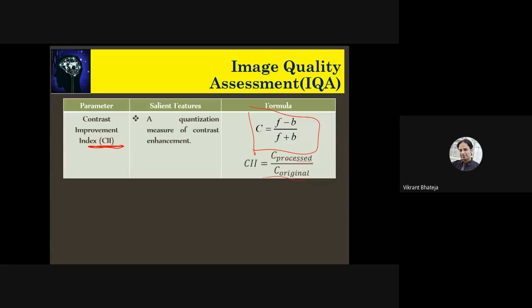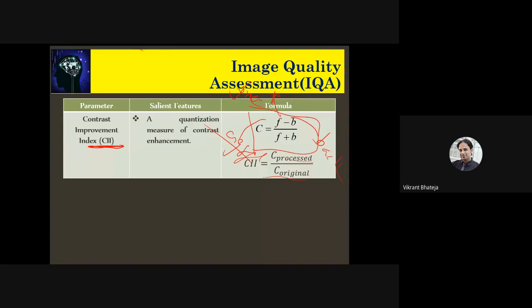So the formula is the same, but there is a slight difference: over there you were taking the maximum pixel values, and over here you are taking the aggregate values. This is one change. Another change is, with F we mean foreground, and with B we mean background.